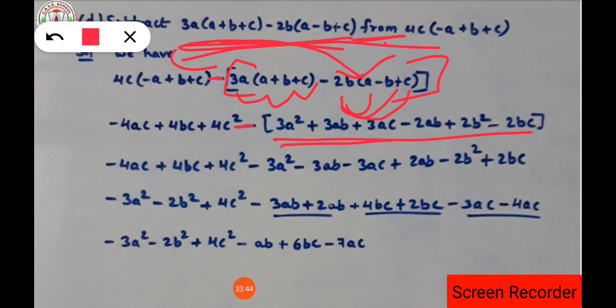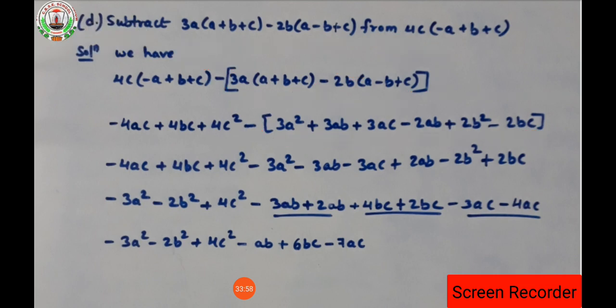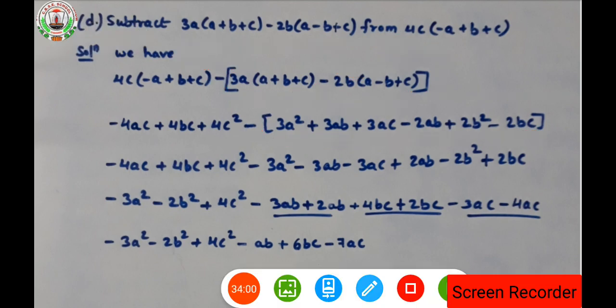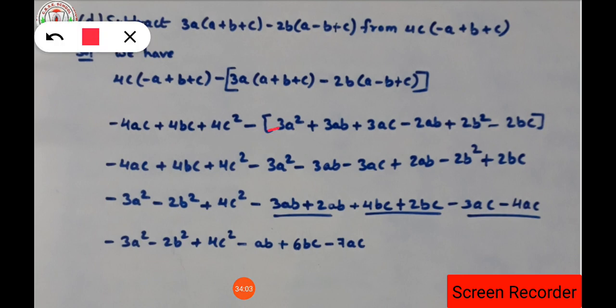Now after multiplying, we will get the expressions, and then we have to open the bracket so that this minus sign will multiply individually with each of the terms, isn't it? When it multiplies with each term, here plus 3A square will become minus, plus and minus will be minus.